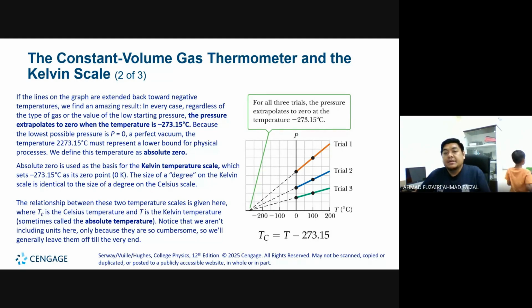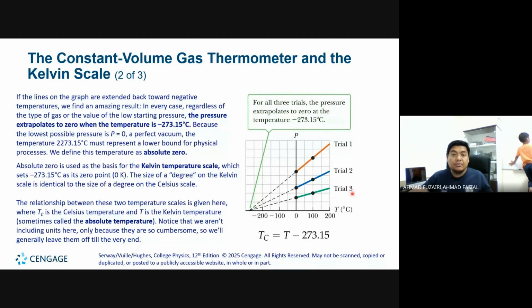This should be the graph of pressure versus temperature for experimental trials in which gases have different pressures in a constant volume gas thermometer. We have a first trial, a second trial, and a third trial.